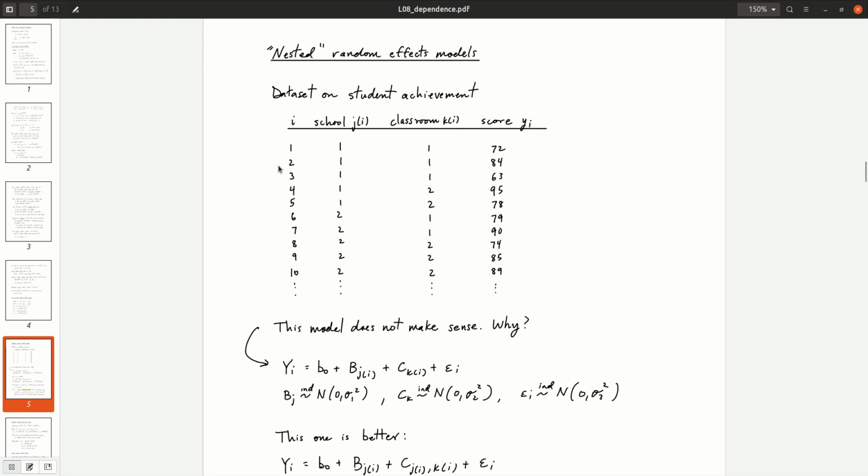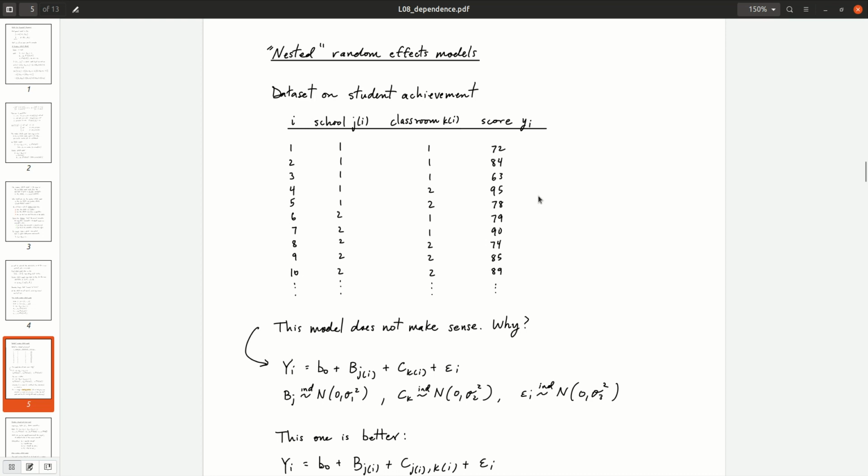So i equals 1, i equals 2, i equals 3. These students come from different schools. We've just written out the first 10 observations. In this data set, the first 5 come from school 1, and the second 5 come from school 2.